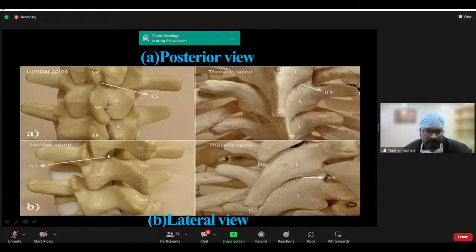Here again you can see the interlaminar space, and in the midline you can see the interspinous space. So for any neuraxial blockade, whether at a thoracic, lumbar or even cervical level, we are going to enter the vertebral canal using the interspinous space in the midline and the interlaminar space using the paramedian approach.